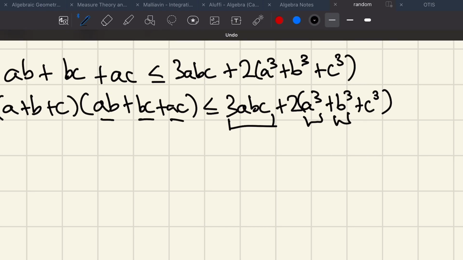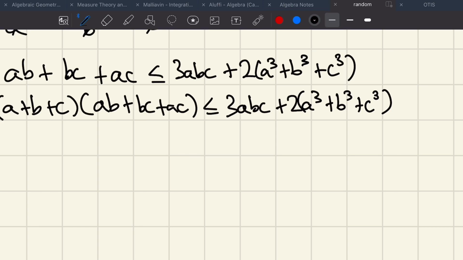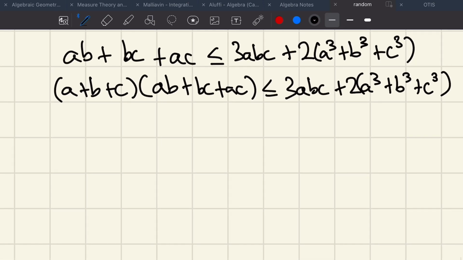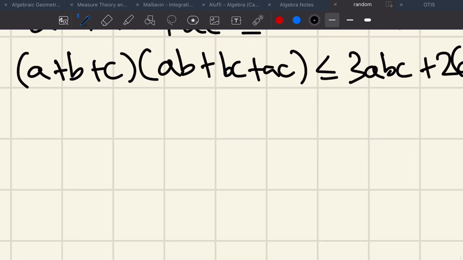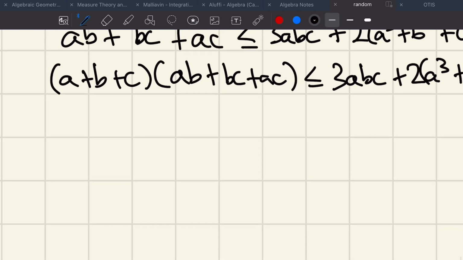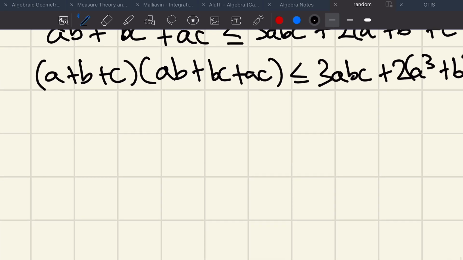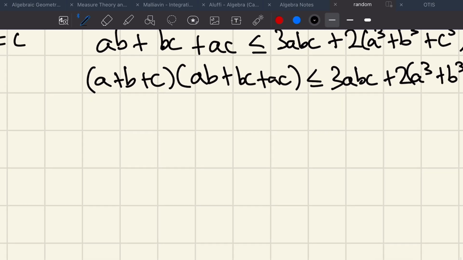We don't want that because in inequalities, as a rule of thumb, it's usually good to compare terms that have the same degree. We notice that multiplying by A plus B plus C will not affect the inequality, yet it will make all terms have the same degree.